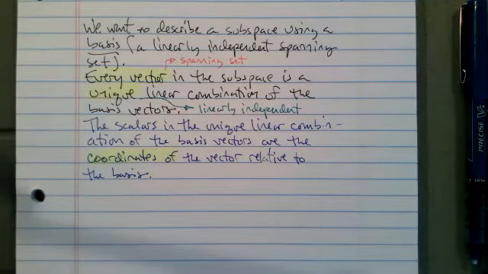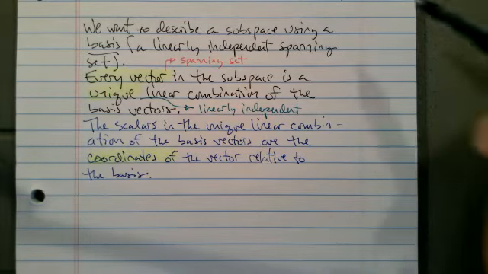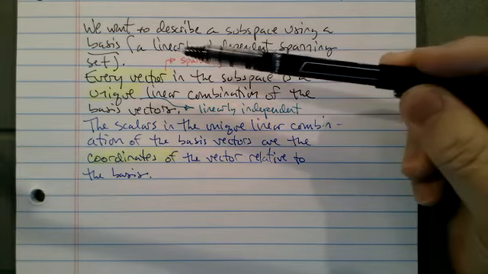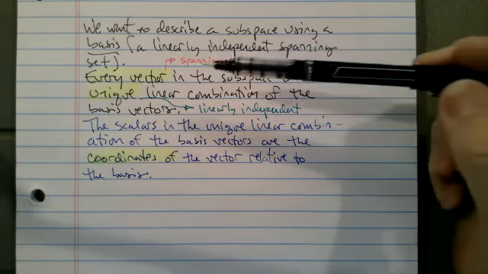So, if you would recall, we've been wanting to describe subspaces of vector spaces. And we started off by describing subspaces of Rn. And we'll talk today about why all we need are subspaces of Rn. The way we want to describe a subspace is to use a basis, which is a linearly independent spanning set.